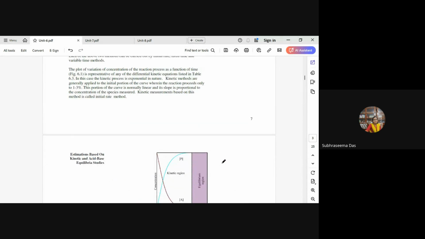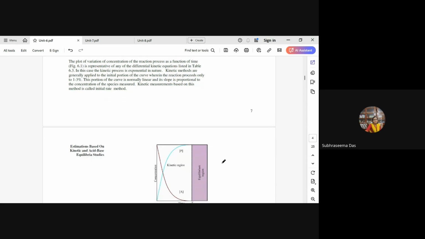This figure 6.1 is the general representation of the rate of a chemical reaction, the kinetic measurements. Particularly in this case, they are generally applied to the initial portion of this curve.